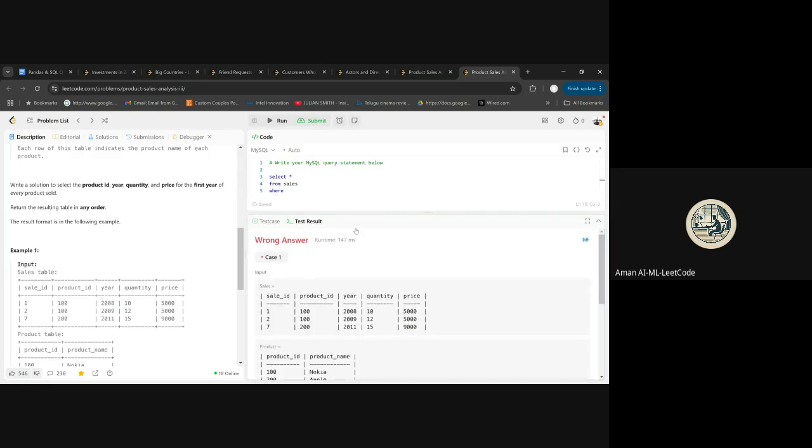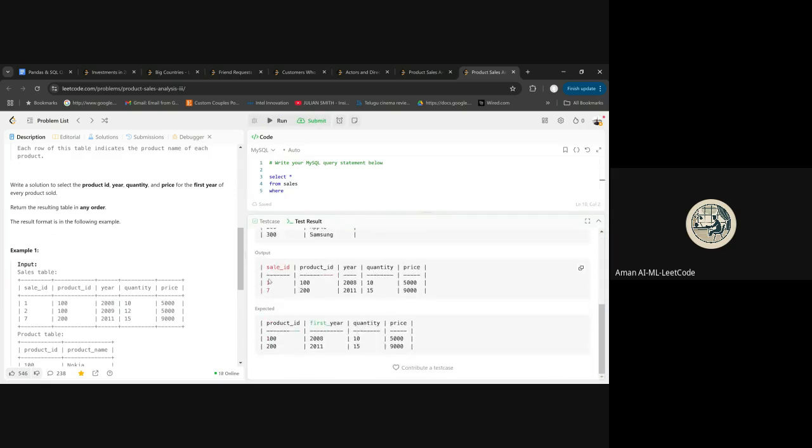Okay. So we got, this is the sale ID, so this is the product ID. For 2008 quantity was 10 and this is 5000. For 2011 this is the product ID, year is 2011, quantity is 50, 9000. तो product ID ही चाहिए आपको, sales ID नहीं चाहिए. So just remove all of those.